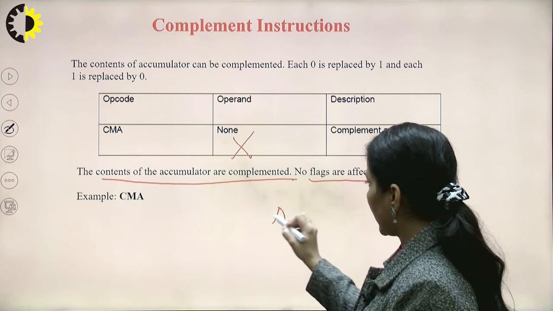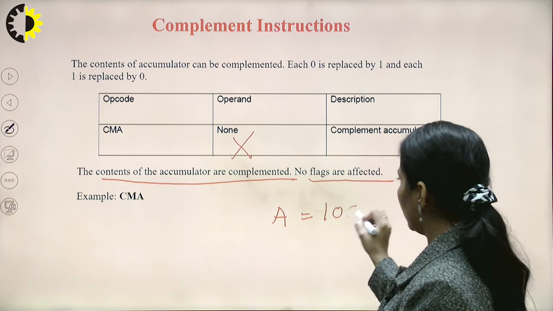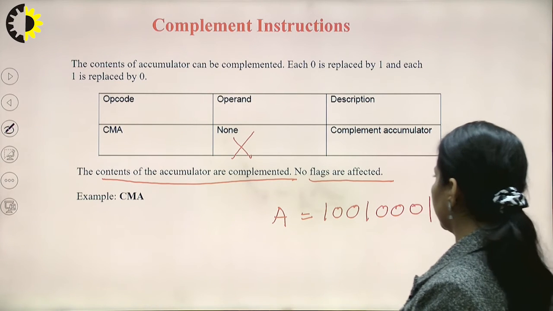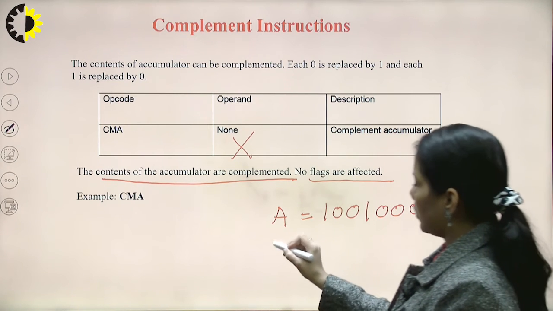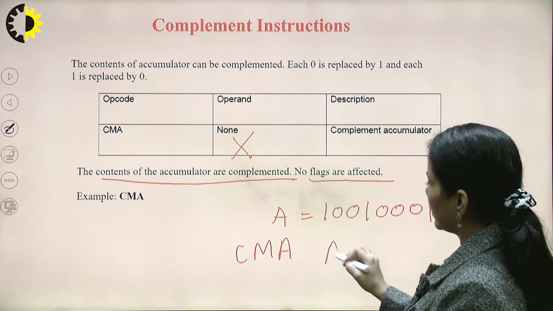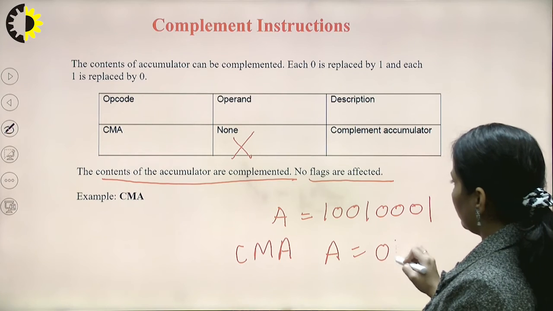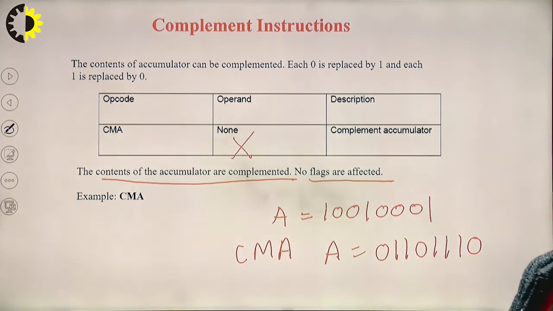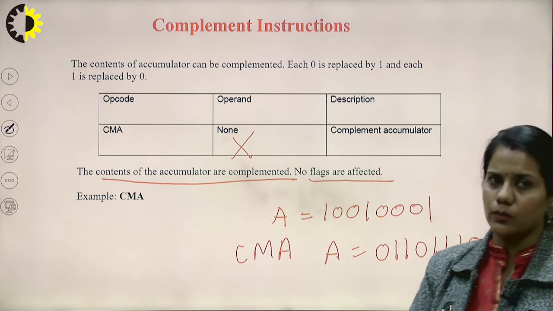Suppose in the accumulator the data is 1 0 0 1 0 0 0 1. After performing this CMA, the contents of accumulator will be 0 1 1 0 1 1 1 0. This is how this instruction modifies the contents of accumulator.